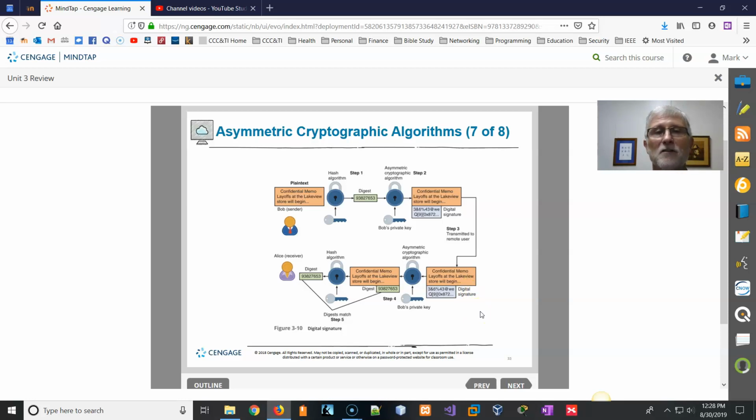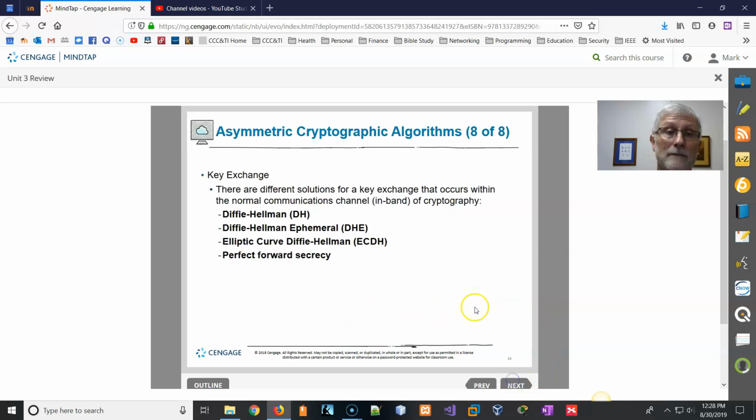So it kind of gives you a little picture here. Here's the text, here's the hash algorithm, gets your digest, goes into the asymmetric key, Bob's private key, and now on that private key, we're going to take the message and put a digital signature on it, transmit it, so that when Alice receives it, she knows Bob sent it because he signed that letter. Now I've got this key that I have to share.